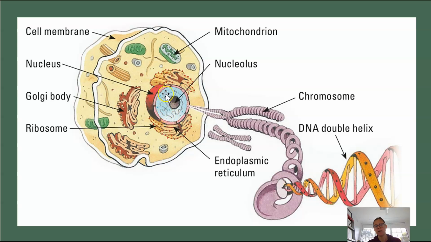If we were to unwind that and magnify that, we would see, yep, here are our chromosomes. Then zoom in a little bit further, and this is the structure of our DNA. It's a double helix structure, like a rope ladder that's twisted. These are the backbone, and these are our nitrogenous bases that make up our rungs.